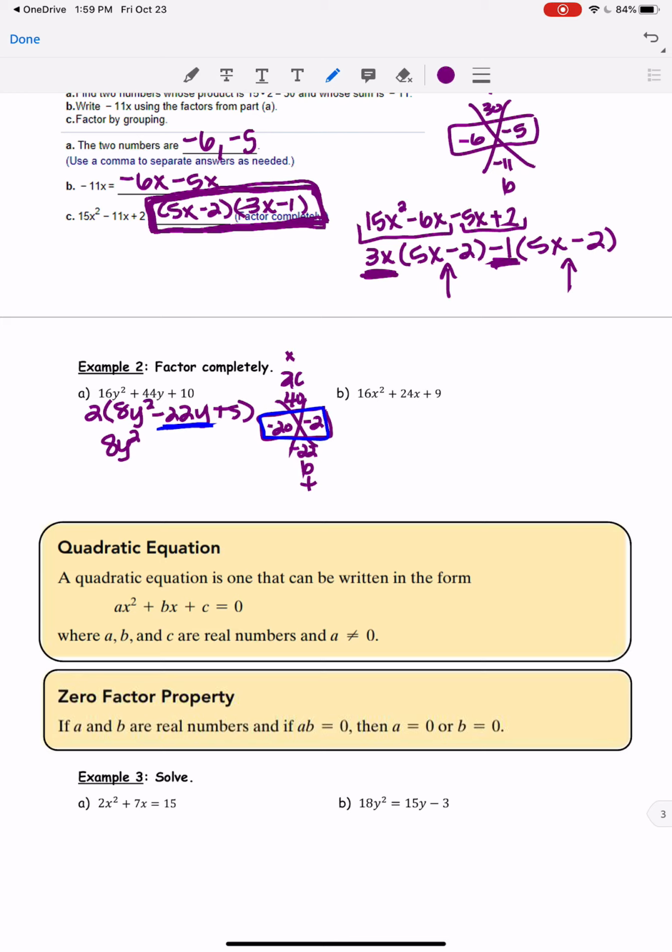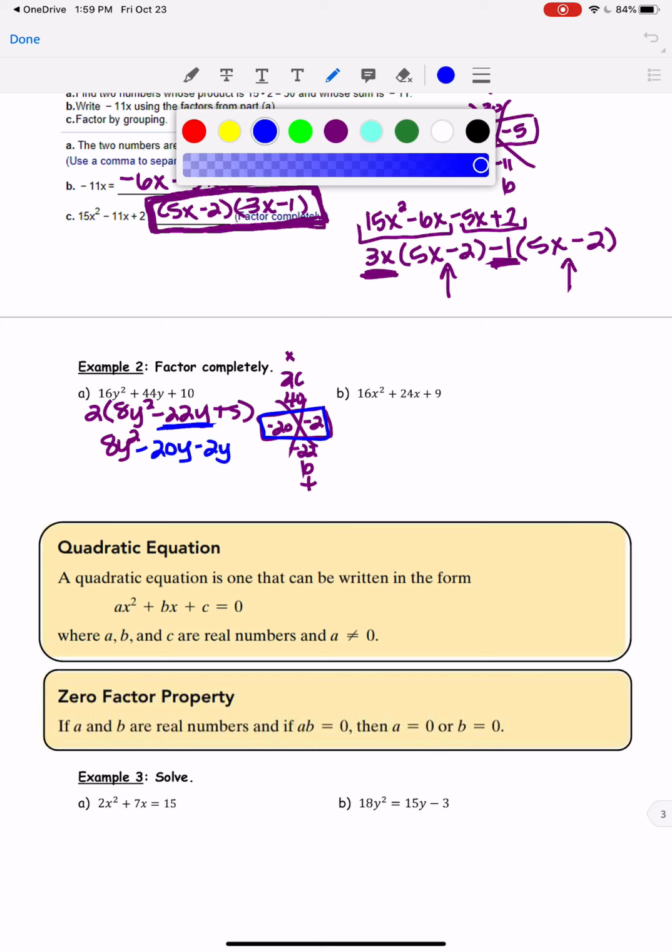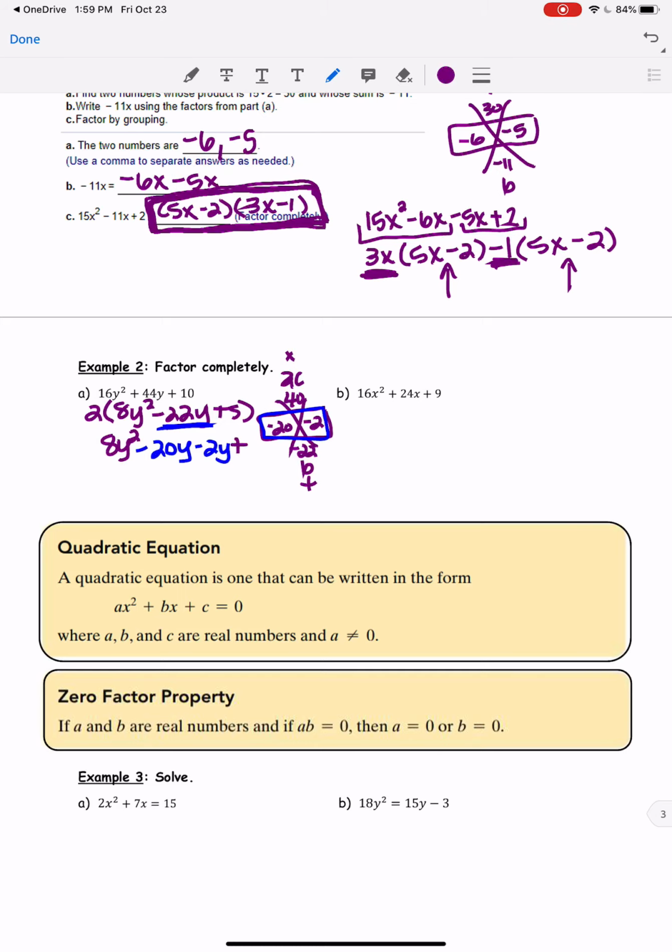So I've got 8y squared minus 20y minus 2y plus 5. I have not changed my problem at all. If I combine my like terms, I get back to that negative 22y.